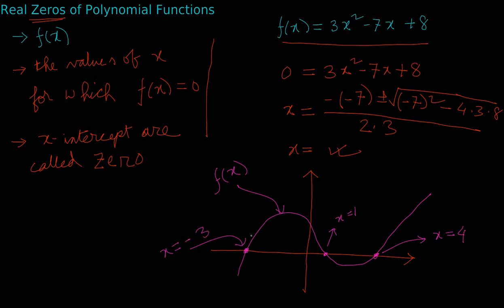How many real zeros do I have for this polynomial? 3: x equal to 1, x equal to 4, and x equal to negative 3. So these are the zeros of this polynomial f(x). That is the definition of real zeros of a polynomial.